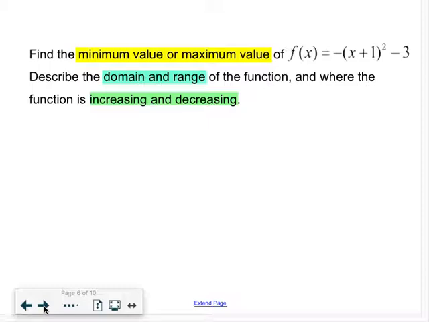Okay, so the domain is all real numbers. The range is less than or equal to -3. So it's a maximum, which means the vertex is the highest point. And the vertex is going to be -1, -3.